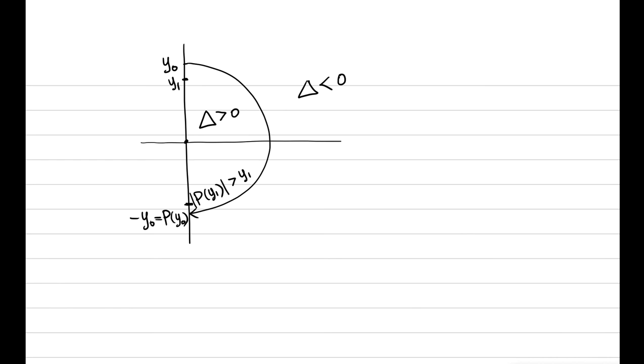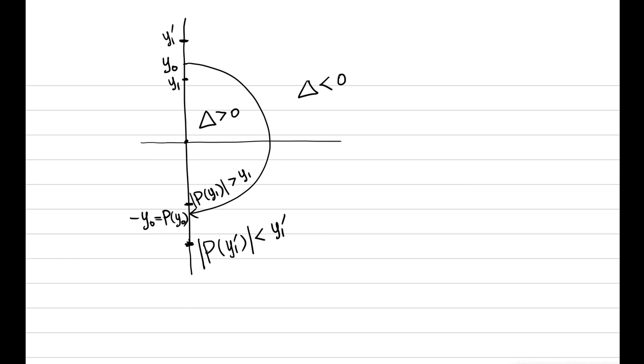And similarly, if you start in the delta negative region, let's say y1 prime, then by the time it reaches the other side, it will be at the Poincare map of y1 prime, and that will be closer to the origin this time because delta is negative, which means the absolute value will be smaller than y1 prime.